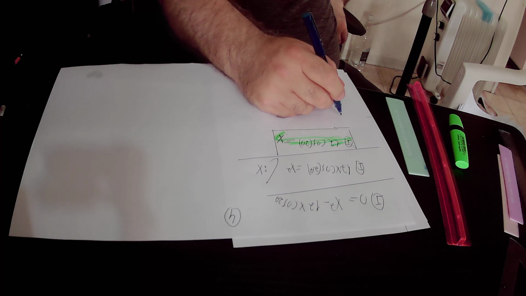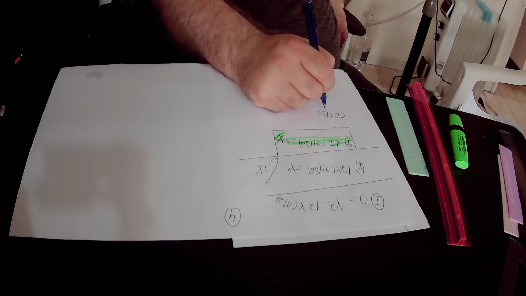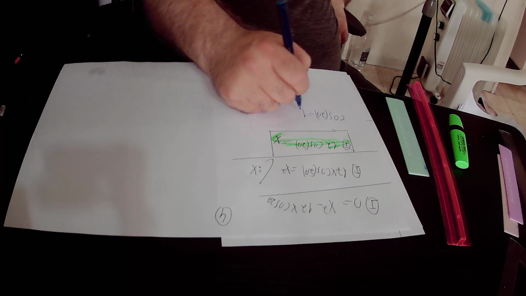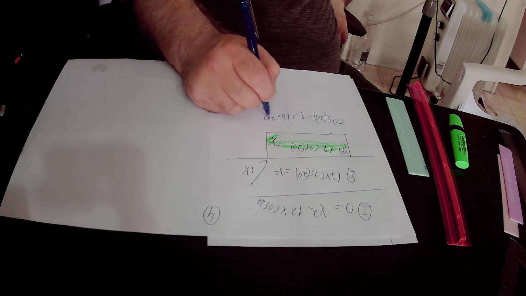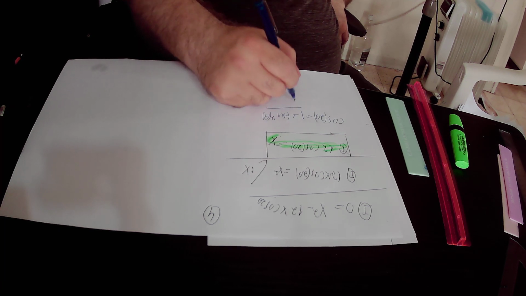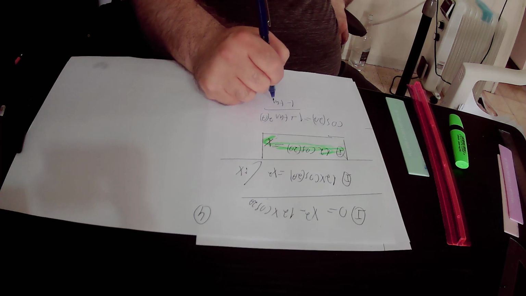According to the following trigonometric identity, cosine 2 theta equals 1 plus tangent square theta over 1 minus tangent square theta.